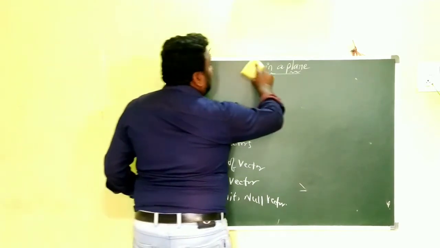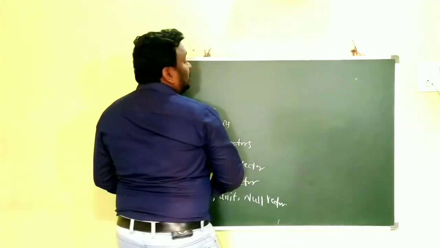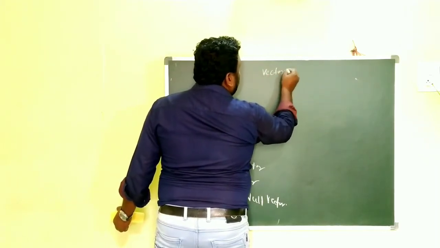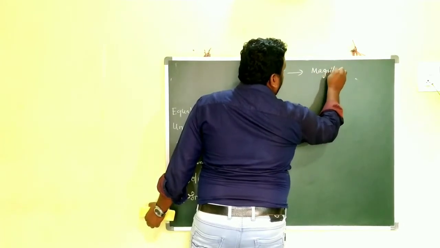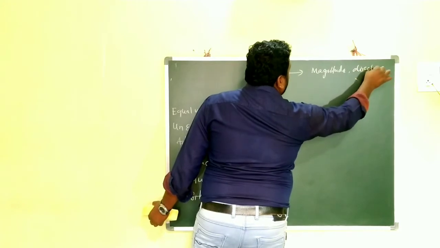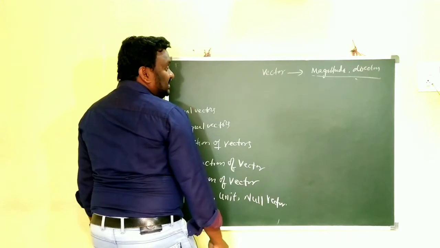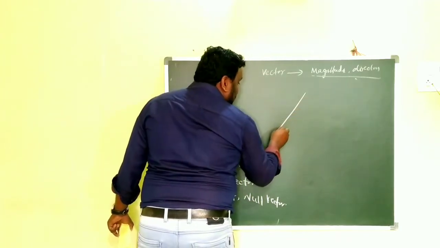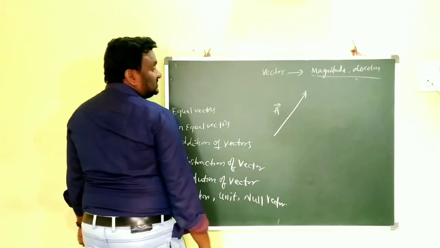Okay children, now what is meant by equal vectors? What I told you children, a vector must have some magnitude and direction. So a vector must consist of these two, magnitude and direction. For example, I am saying now this is the vector A. I am showing like this.